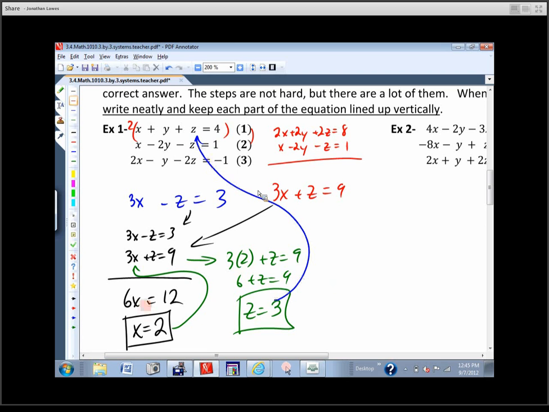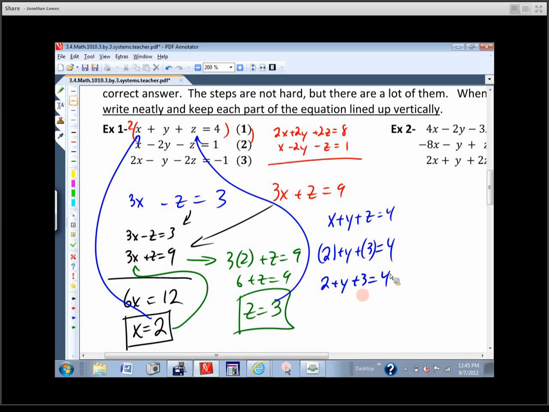Definitely 1. So I'm going to take this, I'm going to put a 3 right there. I'm going to take this, I'm going to put a 2 right here. So if the equation was x plus y plus z equals 4, and I know x is 2, I don't know what y is, but I know z is 3, and that's supposed to equal 4. Let's see what I get here. 2 plus y plus 3, and I'm showing way too much work, right?